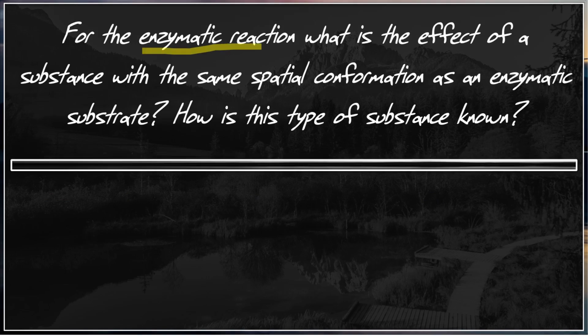For the enzymatic reaction, what is the effect of a substance with the same spatial conformation as an enzymatic substrate? How is this type of substance known?